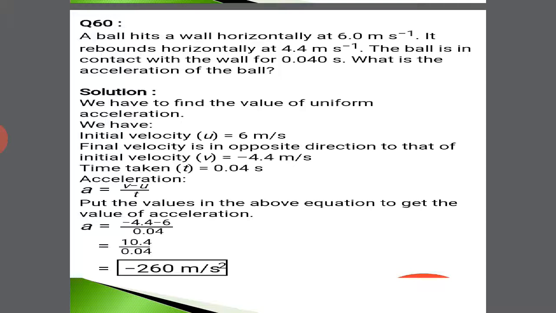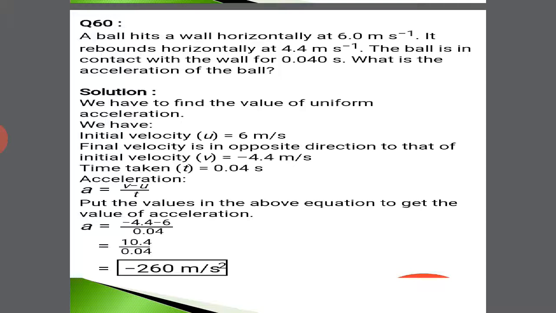The key point you need to note here is, we all know u is the initial velocity and v is the final velocity in opposite direction. That's why minus sign is used over there. So the time taken is 0.04 second.